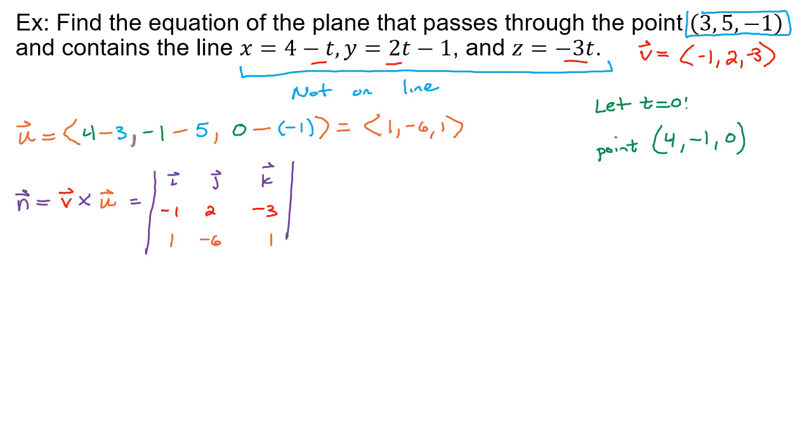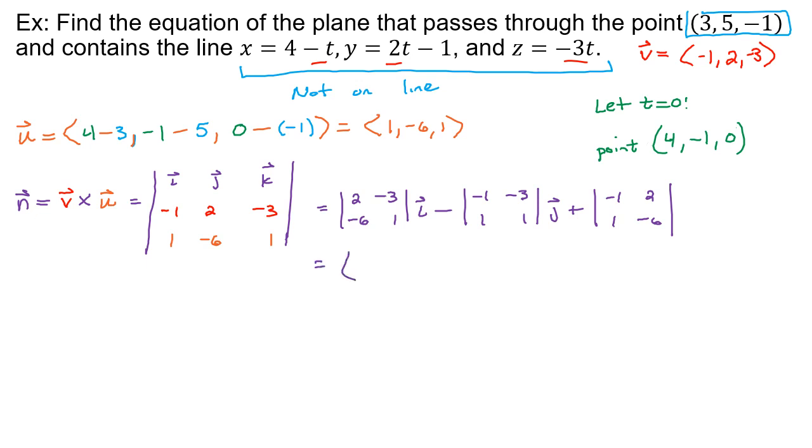Whatever that comes out to be will be my normal vector. The i is going to use the 2, the -3, the -6, and the 1. The j is going to use the -1, the -3, the 1, and the 1. And the k is going to use the -1, the 2, the 1, and the -6.